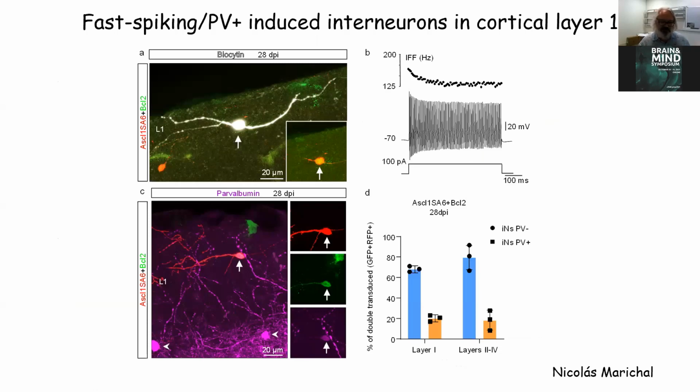So this indicates a very important point for us, that this reprogramming event is in fact not activating the same kind of cell identity programs that you find in the corresponding brain area anyway.